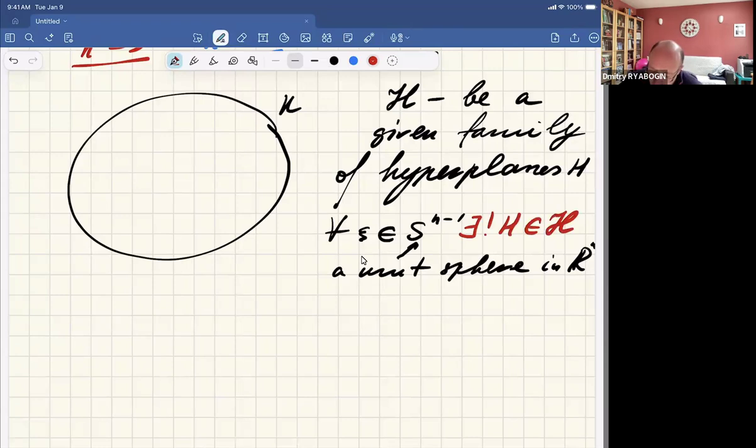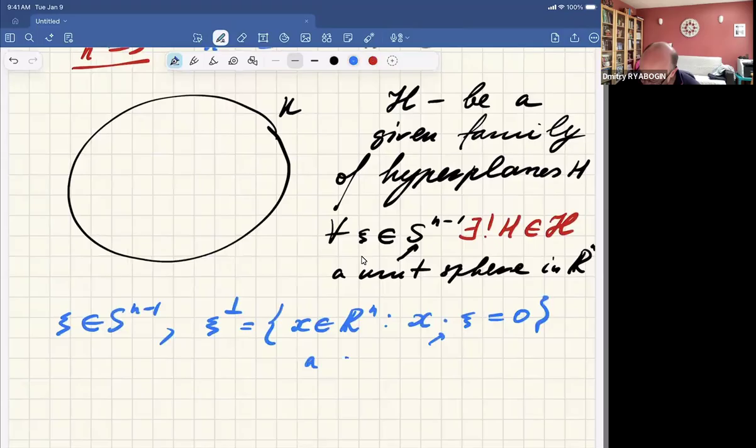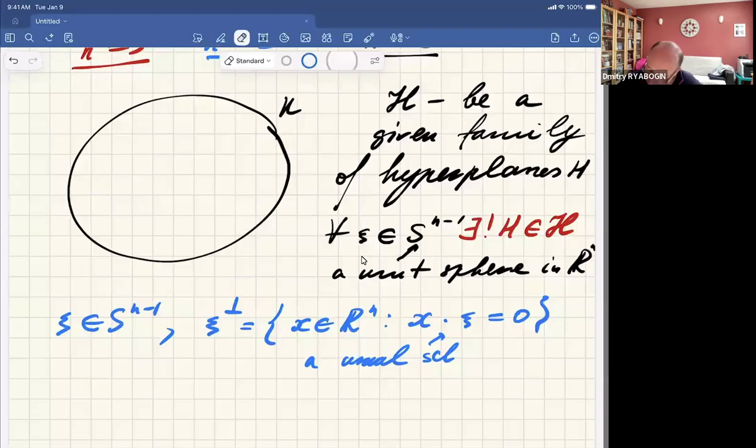I'm going to give a very simple example at the beginning. If I take a unit direction psi, I put psi perp to be the set of all vectors in Rn that are orthogonal to psi, with the usual scalar product.